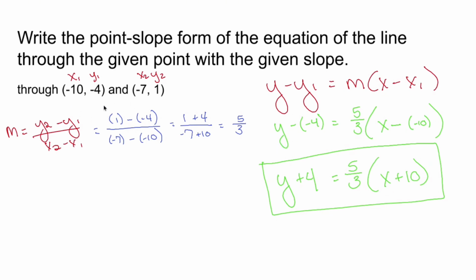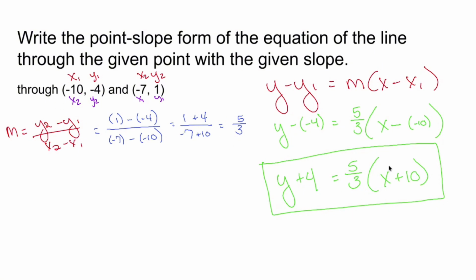I gave you 2 points to start out with. What's to stop you from calling this point x sub 1, y sub 1, and this point x sub 2, y sub 2? Well, there's nothing stopping you from doing that. You're allowed to do that and you'll still end up with the same slope.